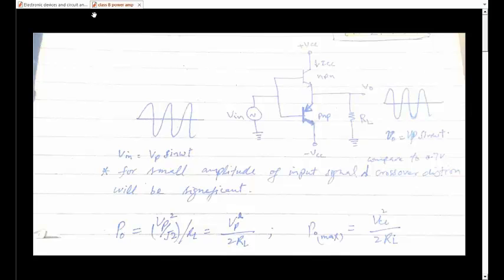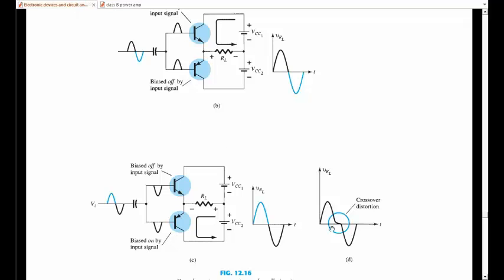This is called crossover distortion, because when the input is between 0 and 0.7 volts on the positive side, and between 0 and minus 0.7 volts on the negative side, the transistor would be off.